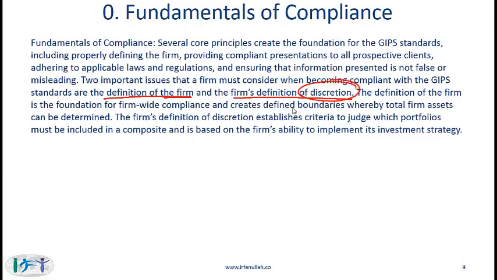This point related to discretion was mentioned earlier, where we said that in a composite, only discretionary portfolios should be included. And if we are saying only discretionary portfolios should be included, then clearly we need a definition of discretionary. That is the point being made here. At Level 3, we will discuss this particular item in more detail.